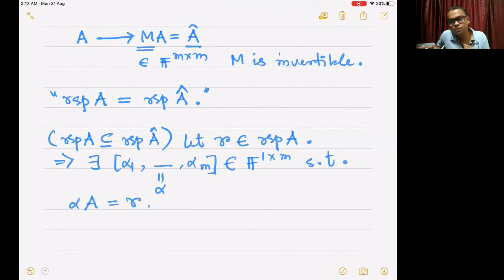It's a linear combination of the rows. Remember the observation in the second lecture? This product means linear combination of the rows. So this alpha A must be equal to R.